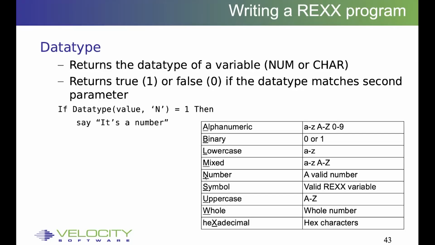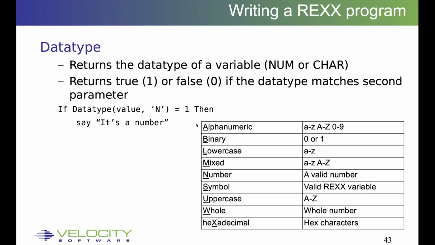Looking at the table, n is a number. So if the value variable is numeric, meaning it is true, then we display it is a number. If it is not, then nothing will happen based on this code sample.